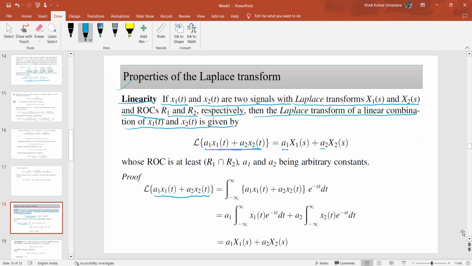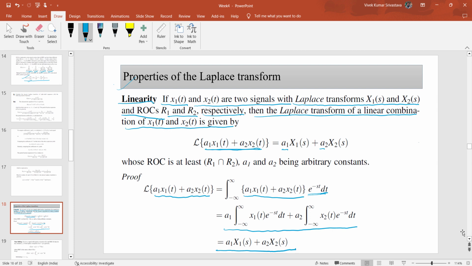From the basic formula of the Laplace transform, we will put x of t as a1 x1(t) plus a2 x2(t) here. Once you multiply this term inside the linear combination of signals, the overall Laplace transform is defined as a1 X1(s) plus a2 X2(s).